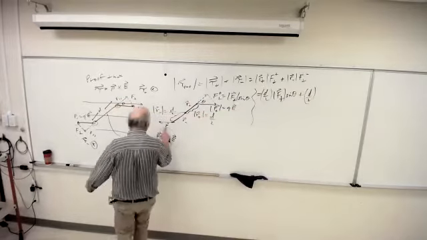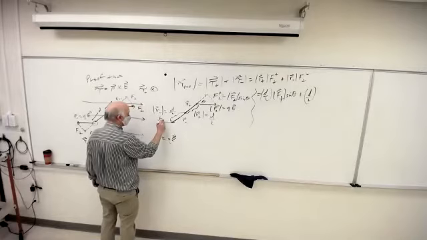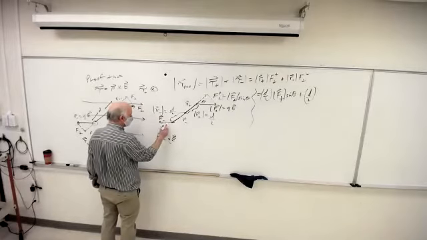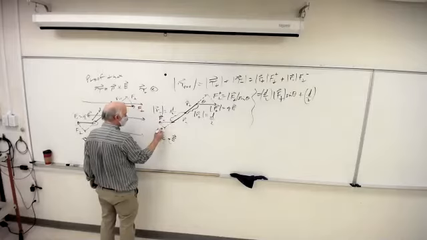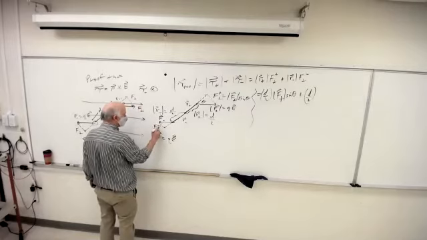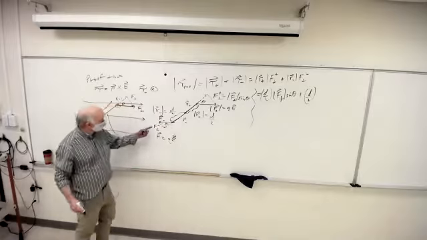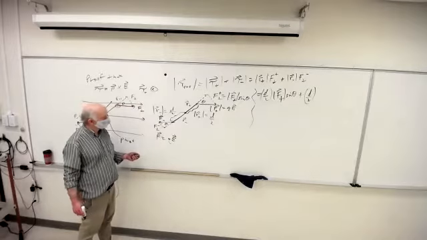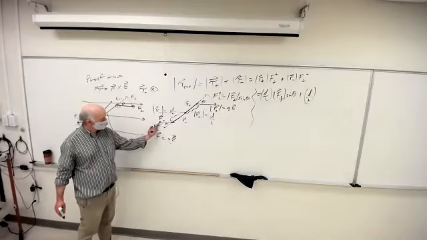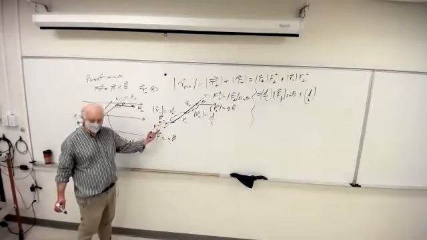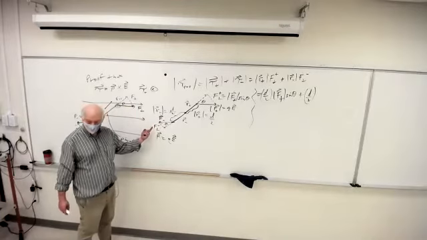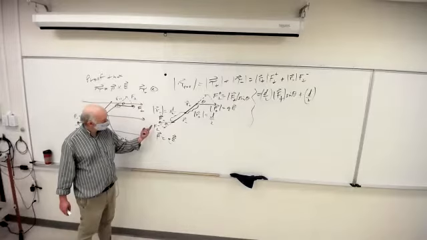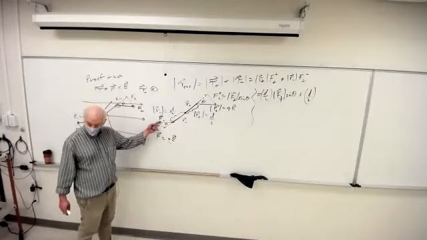If I come over here, here's my F perpendicular minus, here's my theta. What is this guy? Opposite of that angle, so keep going. So you said the sine of theta is the opposite over the hypotenuse.